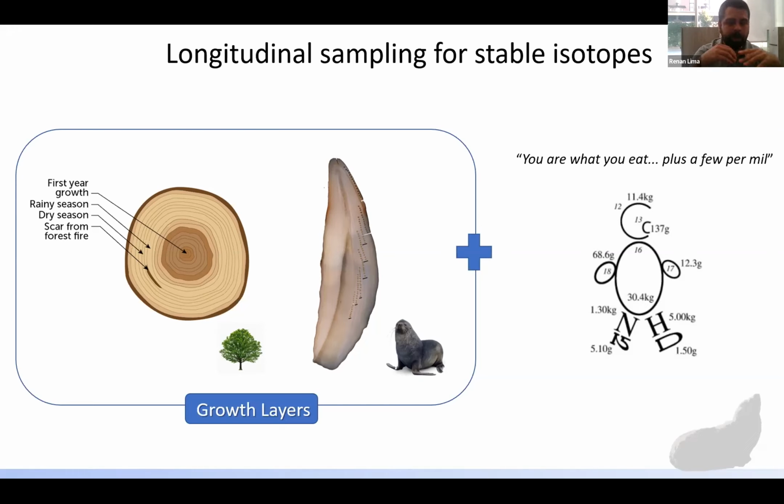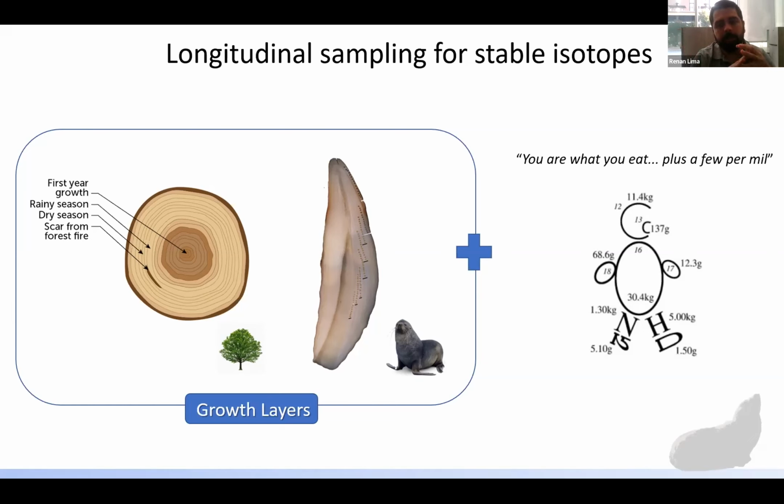So this pattern of tissue deposition allows us to construct isotopic time series. And for those that are unfamiliar with stable isotopes, these are chemical tracers that represent the diet that is truly assimilated into the predator's tissues. So they are transferred from prey to predator in a predictable way.